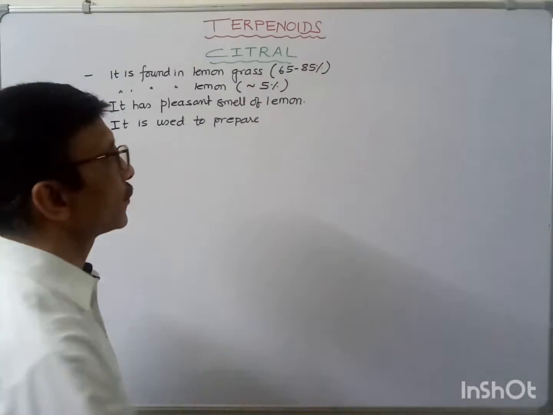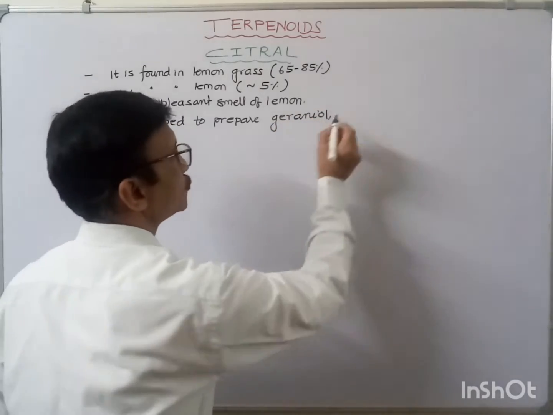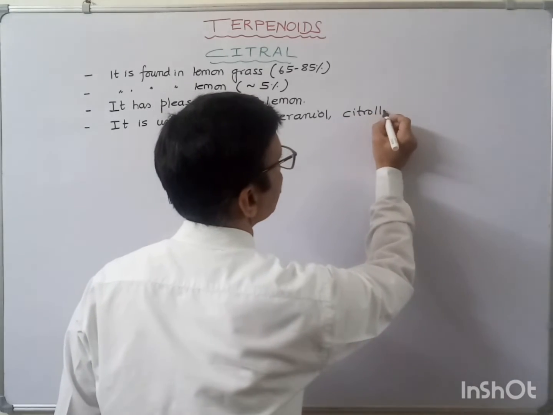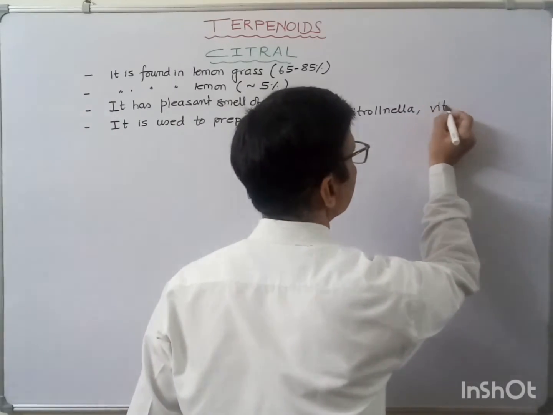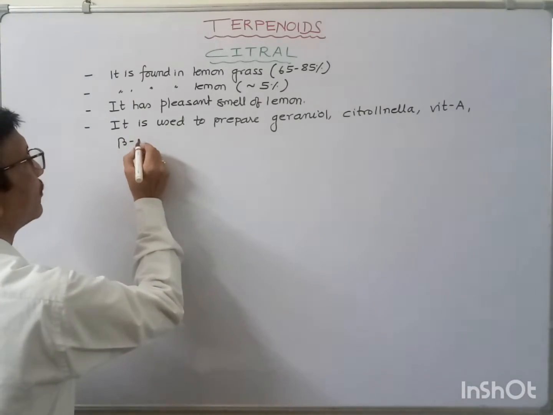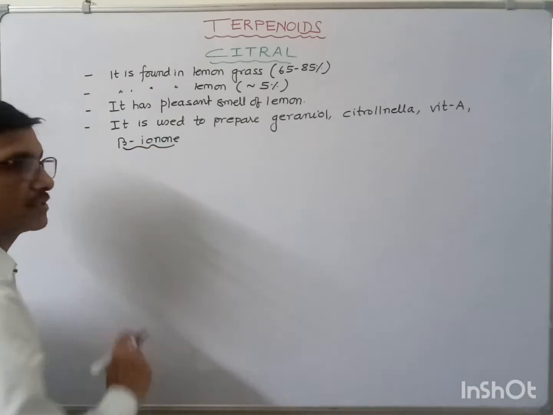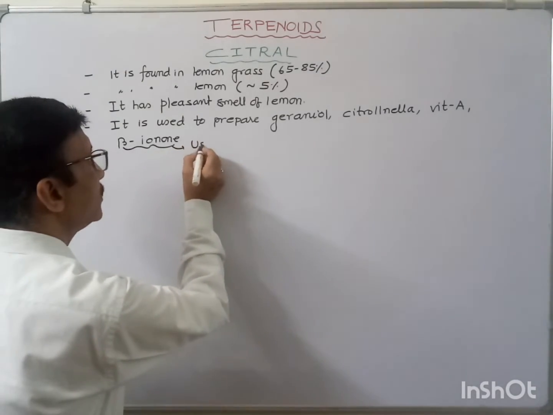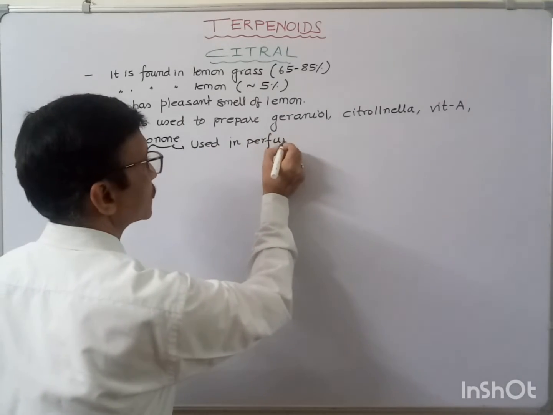For example, it is used to prepare geraniol oil, citronella and citronellol, it is used to prepare vitamin A, and it is used to prepare one of the important perfumery compounds, that is beta-ionone. This beta-ionone is very much used in the perfumery industry.